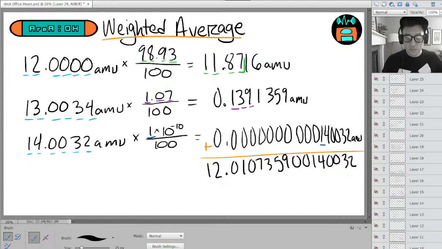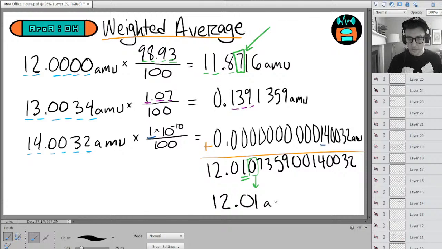And the least precise number right here is our 11.8716 because its last significant digit is in the second decimal place. That means our answer must have its last significant digit in the second decimal place. 0 is a number that rounds down. And so our final answer is 12.01. And our units are AMU, which if you look up the atomic mass of carbon on the periodic table, it comes out to be 12.01.